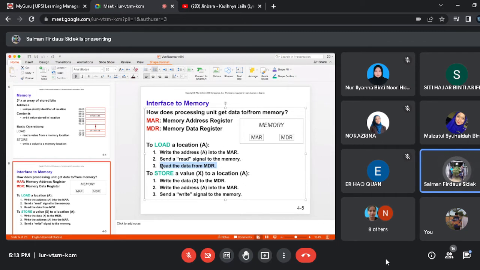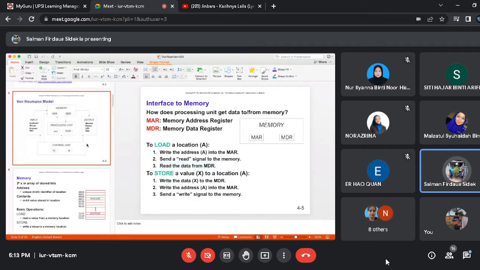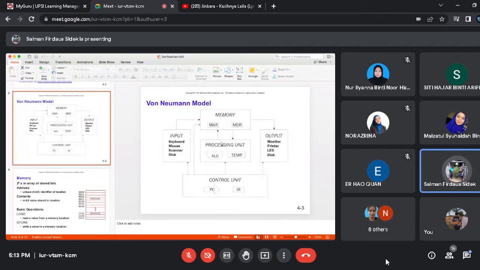When the data is read or sent from the MDR to CPU, to your opinion, the data that will be sent from MDR will arrive or be kept in which component in the CPU? There are two components in the CPU, ALU and temp. So which one?